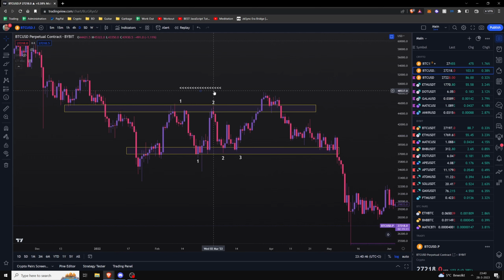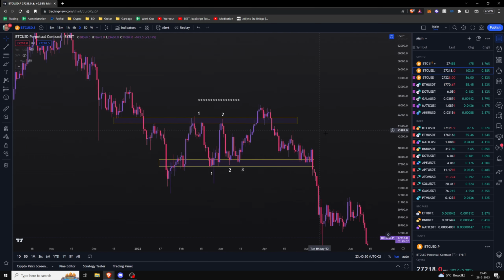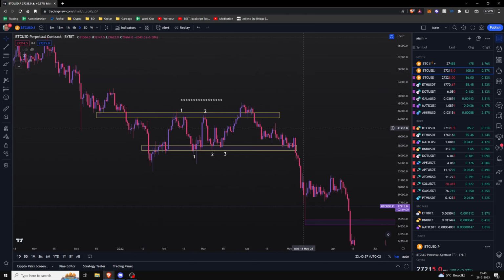So a big thing with support that I haven't mentioned is the more touches of a line. I did tell you, look for the more touches it has, the more relevant it is. But don't mistake that with the more touches, the stronger it is. Every single touch, you could think of all of these boxes as just where people are buying.